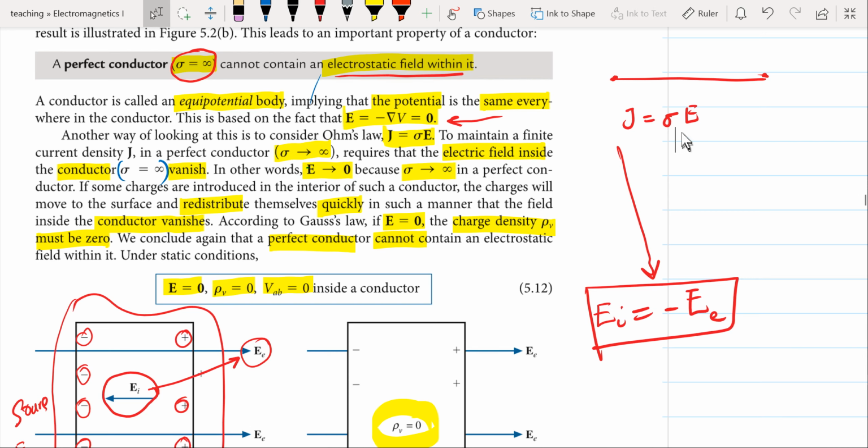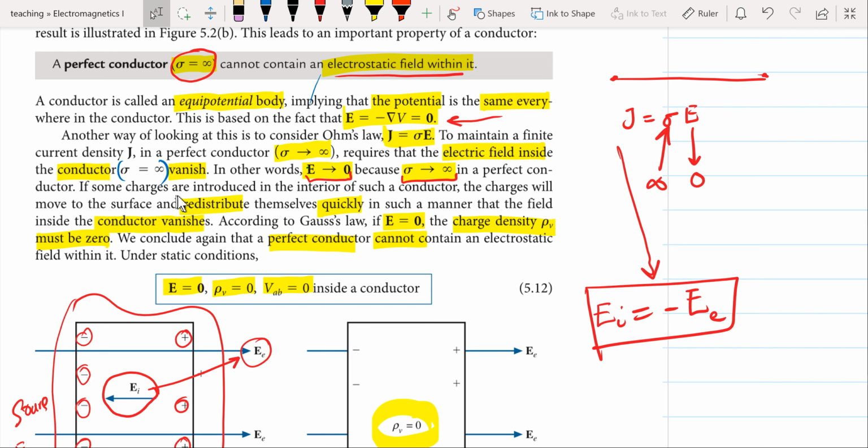That is, if this is approaching infinity, then E should approach 0, which is what we are saying here, that E approaches 0 as sigma approaches infinity.